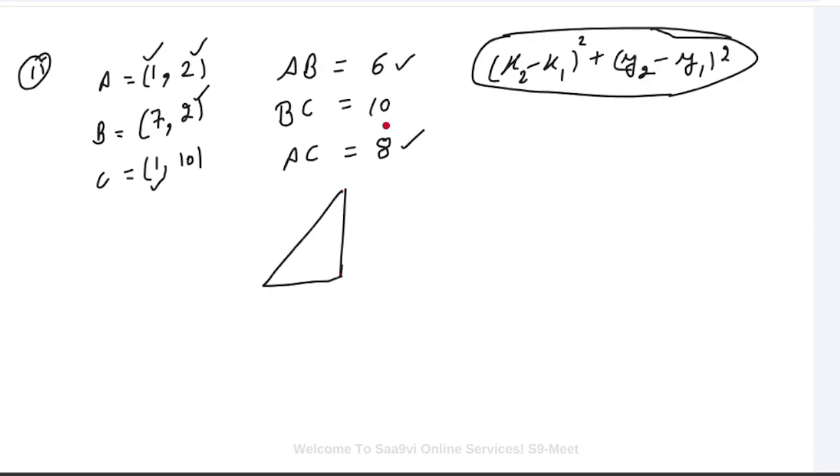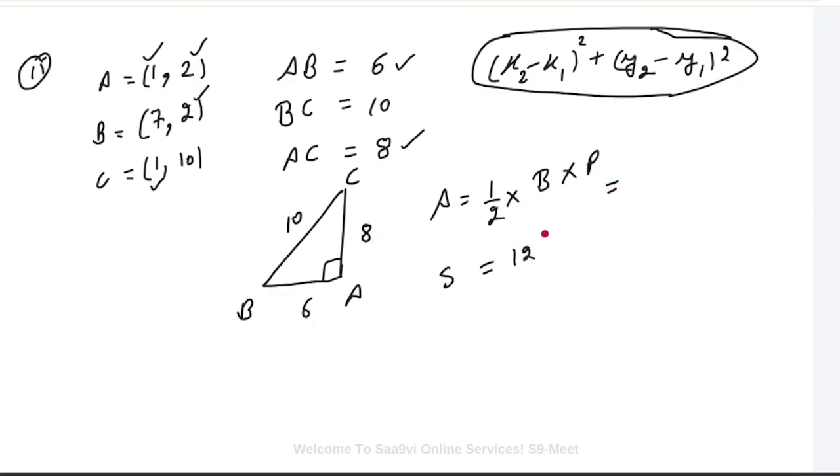That means the hypotenuse BC, which is the highest one, is 10, and AB is 6 and AC is 8. The area for the right angle triangle is going to be half into base into perpendicular, and the semi-perimeter is going to be 10 plus 8, 18, plus 6, 24, by 2, 12.